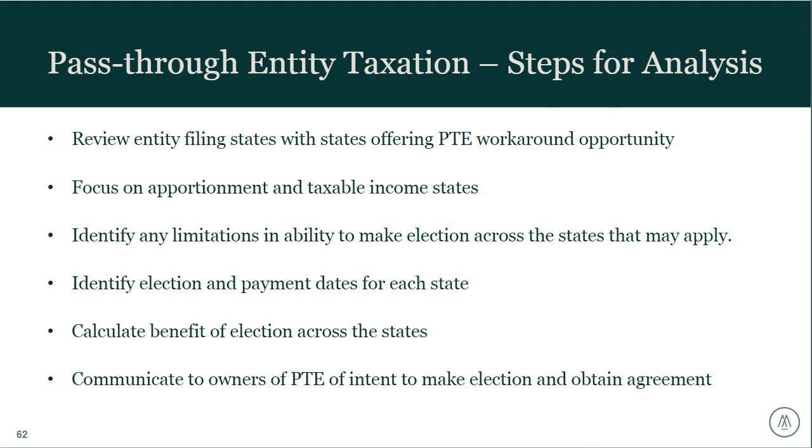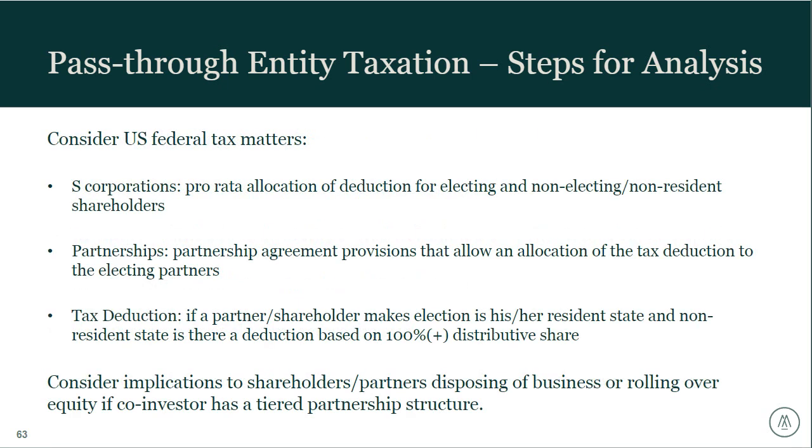So that limitation may be on the entity, it may be on the shareholders, or maybe on both, depending on which states are in the filing environment that you're exploring. Identify the election and payment dates for each state. Think about the benefit and election across the states where you may be filing, and then communicate to owners and members of the various pass-through entities that are involved so that they are aware of what that means for them.